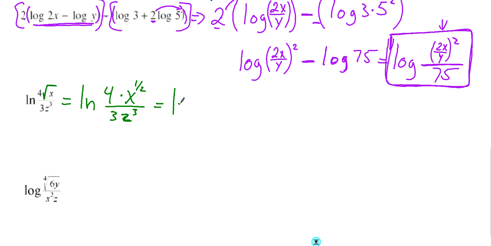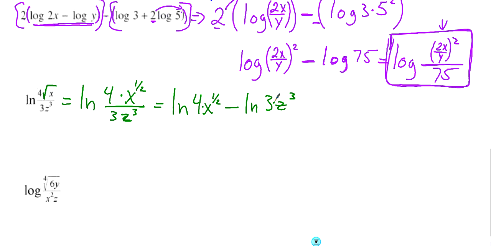So again, we're going to start with the division. So we separate it into the natural log of 4 x to the 1/2 minus the natural log of 3z cubed. Okay? Now, before we can move the powers, we have to separate our numbers.